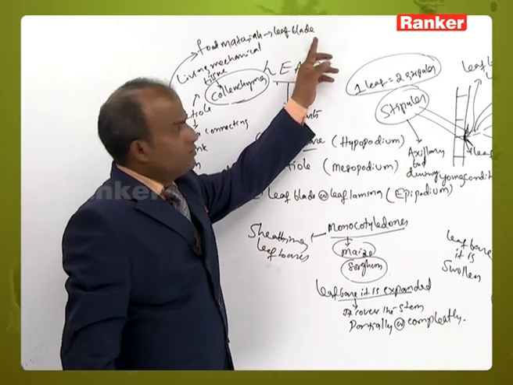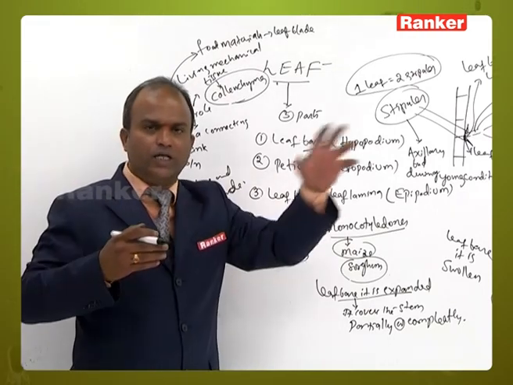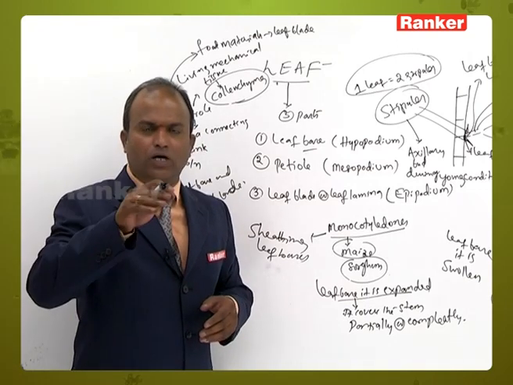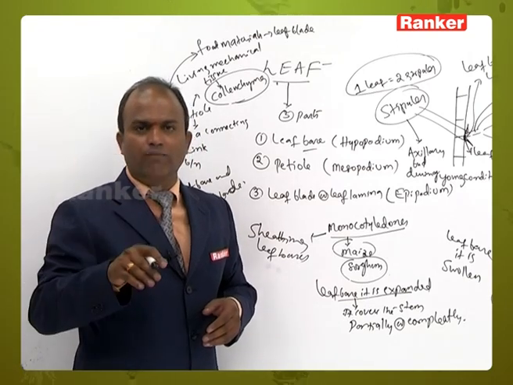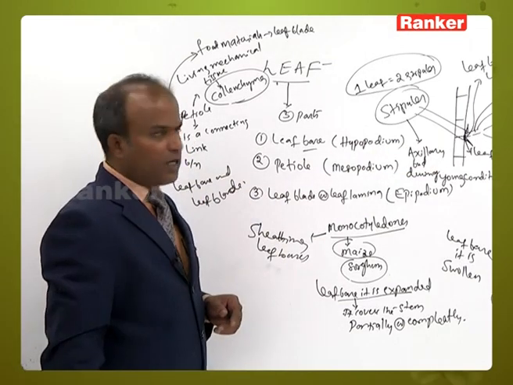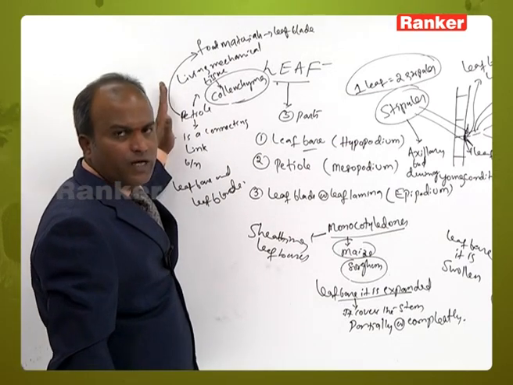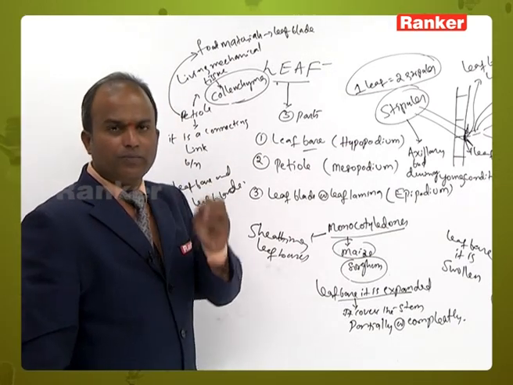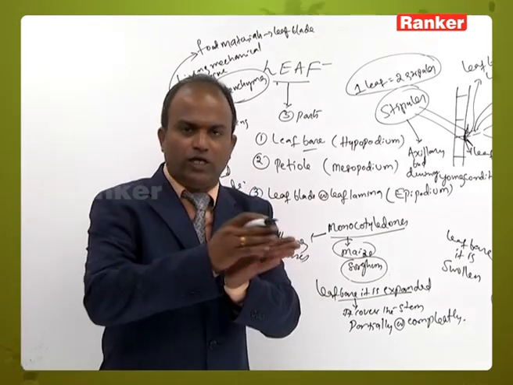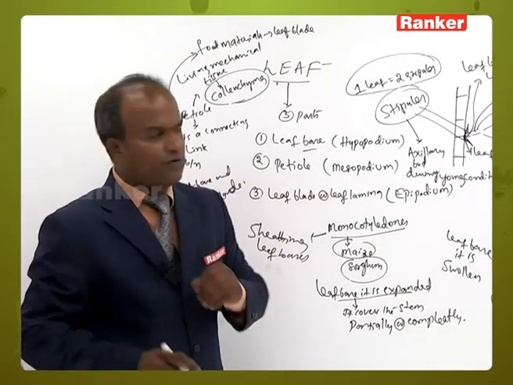That means the petiole not only helps in transportation of food materials from the leaf to different parts of the plant body, it also plays an important role in transfer of water and minerals from the stem to the leaf blade or leaf lamina. This is about the function of the petiole. And what is another function of the petiole? Due to heavy wind, the petiole bends in either direction. At that time what happens, I will explain now.